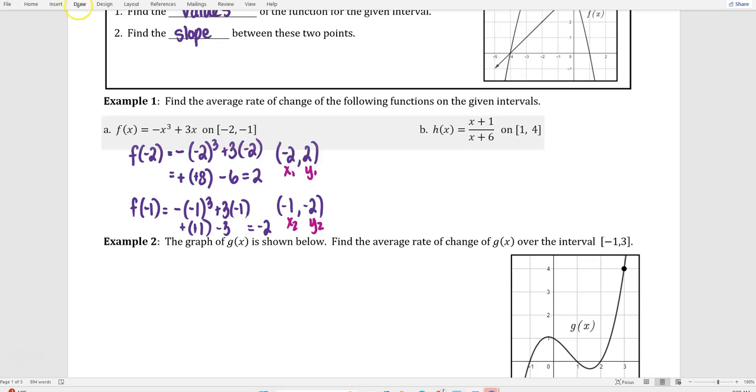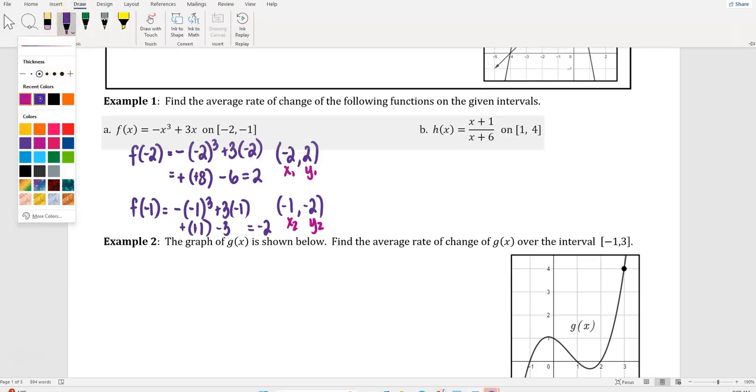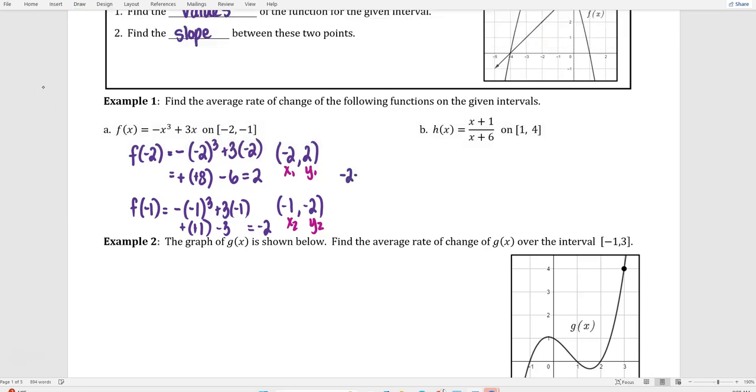So your work could look a little bit different than what I'm doing here, and you could still get the right answer, but I would have -2 minus 2 over -1 minus -2. That double negative right there becomes a positive. We're going to get -4 over 1. So we just get -4 for our final answer there.